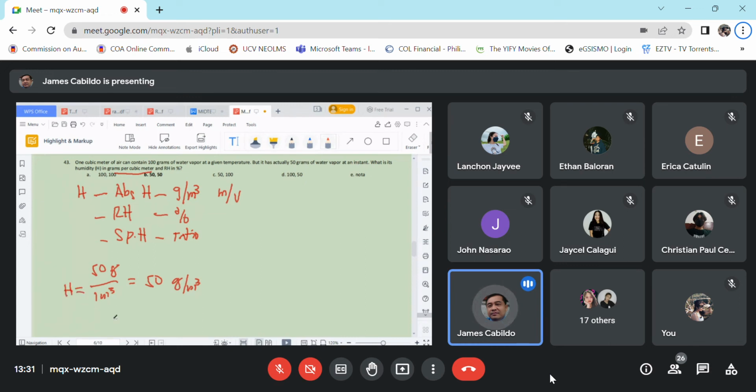And then the other one, what is its RH? Di ba ang RH is the water content based on the potential water content of a given air.